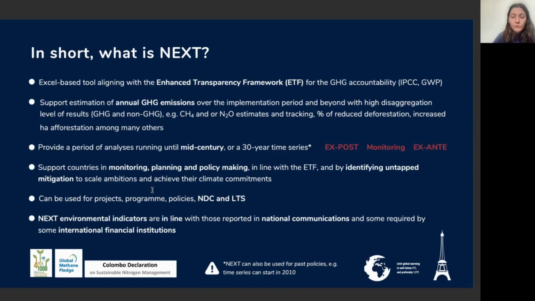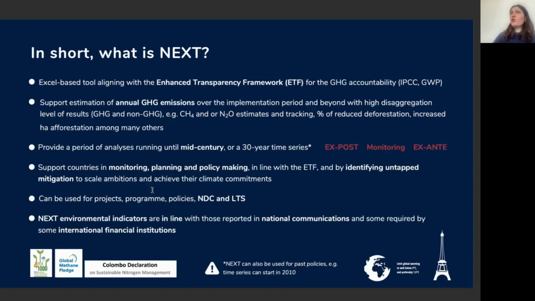And also something that can be useful is that we have divided the results by type of gas. So you can see, of course, the CO2 equivalent, the one that is more commonly used, but also specifically CH4 emissions or N2O emissions.